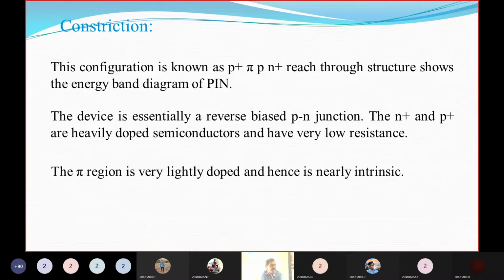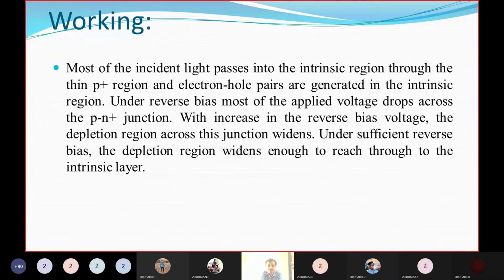The Zener diode works based on Zener breakdown. The APD diode works based on avalanche breakdown. We will discuss how avalanche breakdown is applicable in this APD diode.